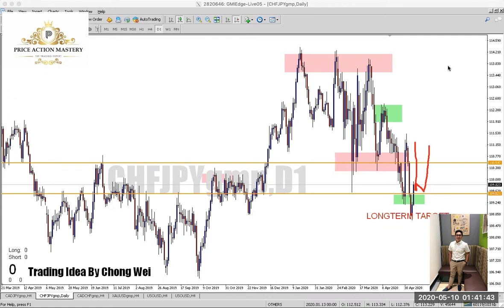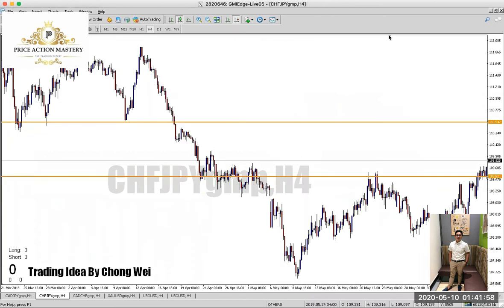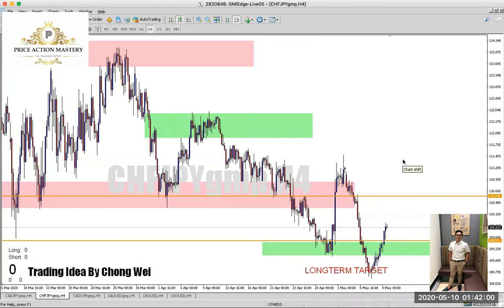If you are a day one trader, you are not going to trade now. You will just wait for the market to come up to this level and drop. If you are a lower time frame trader, you can actually trade in the lower time frame to see the market trend and follow the current trend.